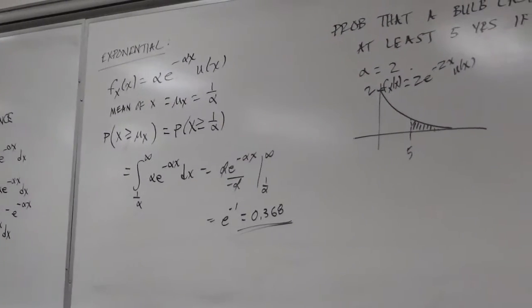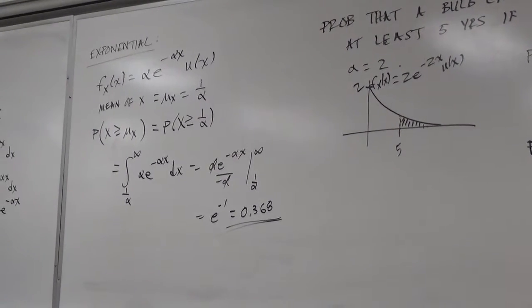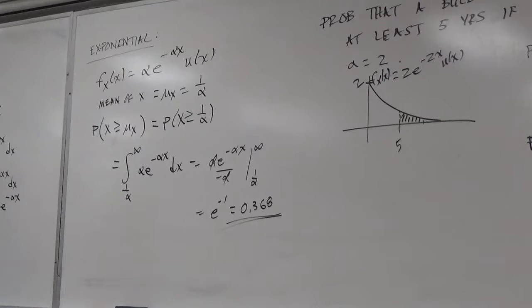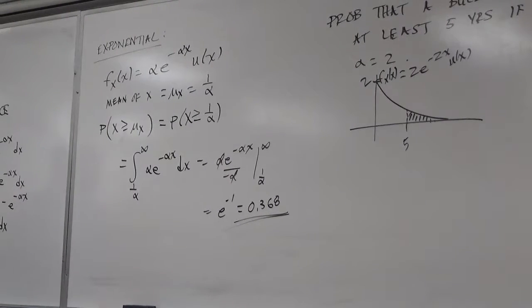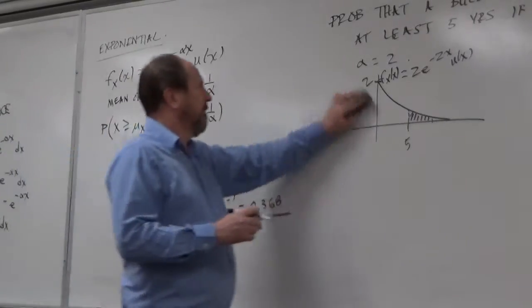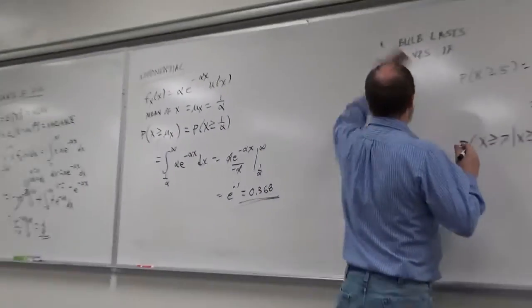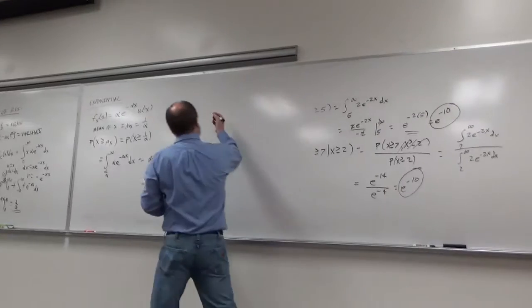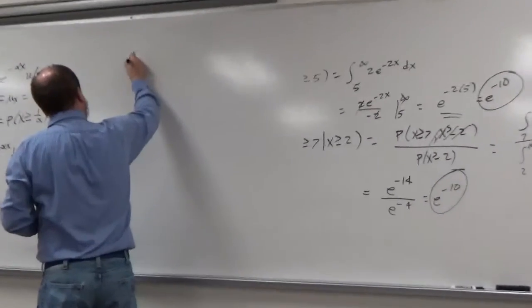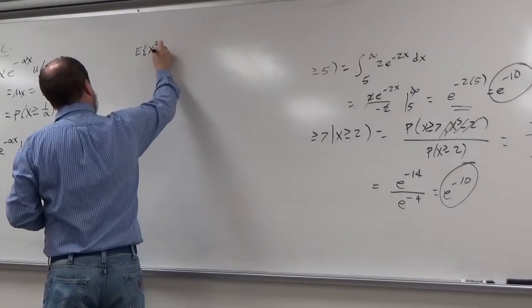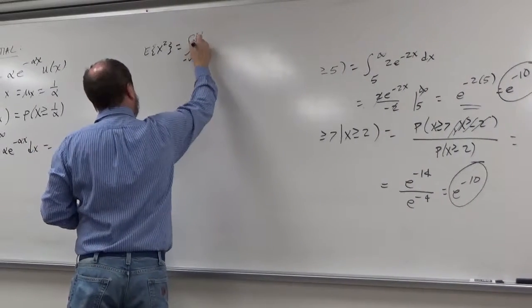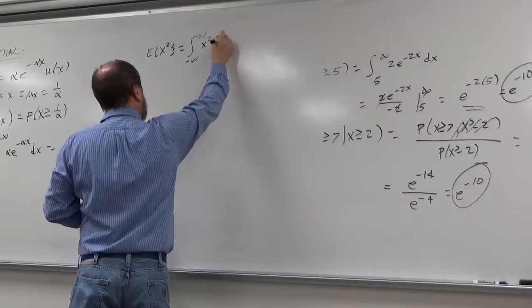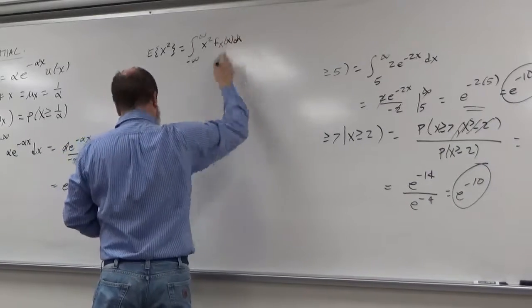What else are we going to do? We don't really want to calculate the variance here, but I want to introduce another moment, and that is the expected value of x squared, defined as the integral from negative infinity to infinity of x squared f sub x of x dx.